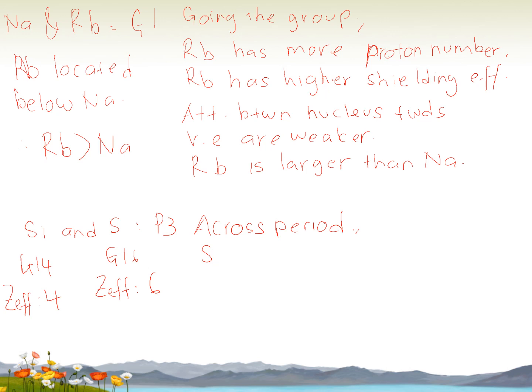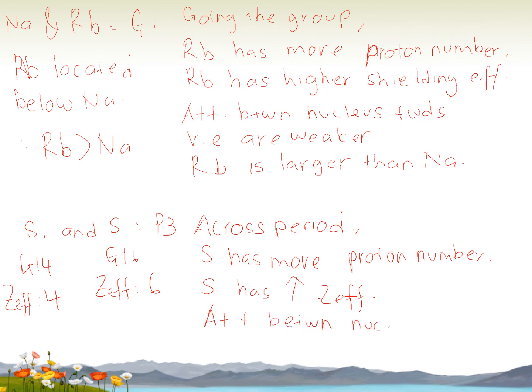So across the period, sulfur has more proton number, meaning sulfur has higher Zeff, so the attraction between the nucleus and the valence electron is stronger, thus the size of sulfur is smaller than silicon.